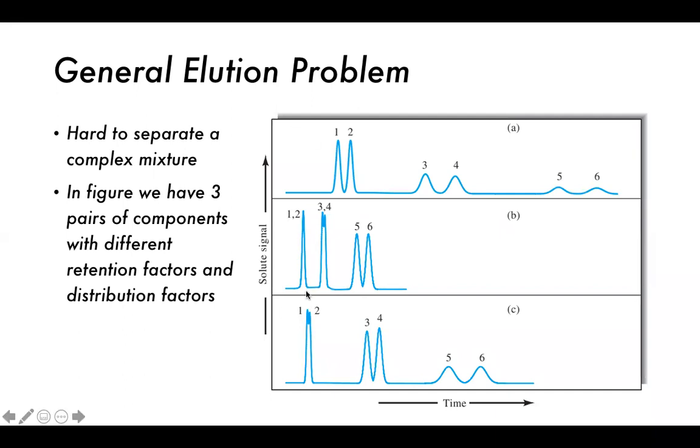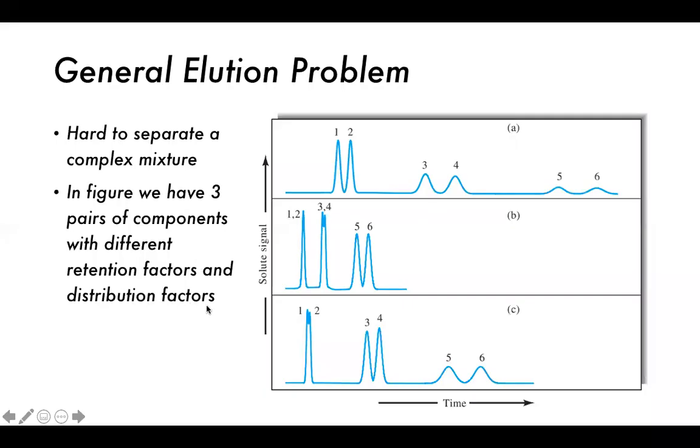In B, we can see that there's poor resolution between 1 and 2, and 3 and 4, because they're overlapping. 1 and 2 basically form one peak. But 5 and 6 are pretty well resolved, and they're moving through the column pretty well. And then in version C, we have a pretty good resolution between 3 and 4 and 5 and 6, but 1 and 2 again are proving to be a problem.